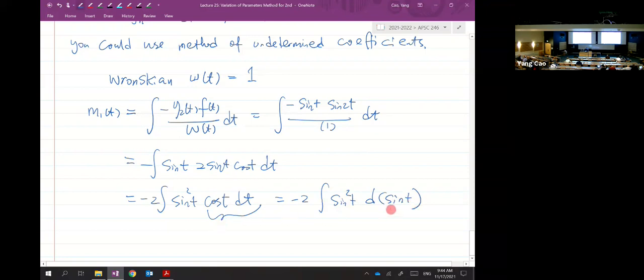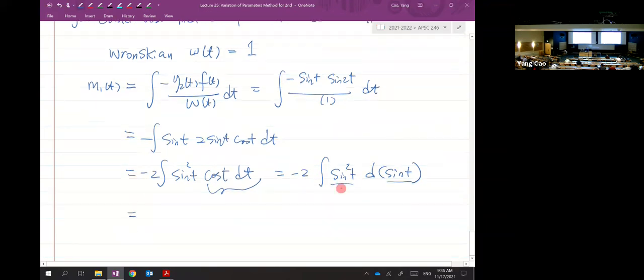So now you get sine t squared, basically the same parameter. Then you can solve this as if you're integrating x squared dx. So you get negative 2 times 1 over 3 sine t cubed, or just negative 2 over 3 sine cubed t. Here's your M1 of t.